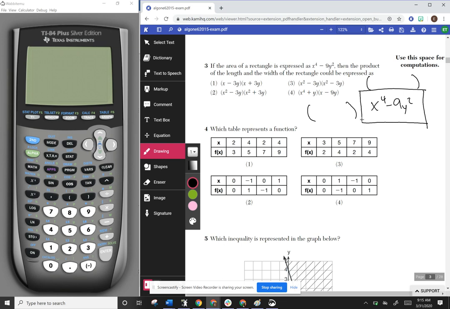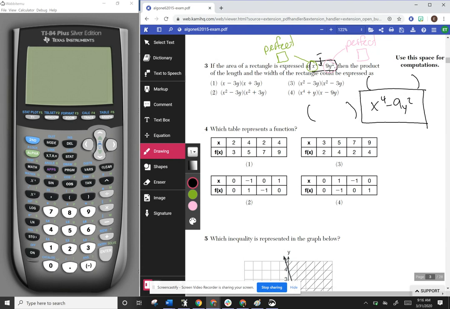So what they're actually hoping that you notice with this is that x to the fourth is a perfect square. They're hoping you notice 9y squared is also a perfect square, and we're subtracting, right?